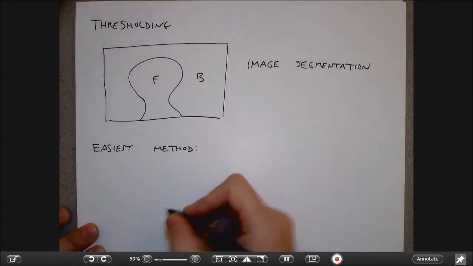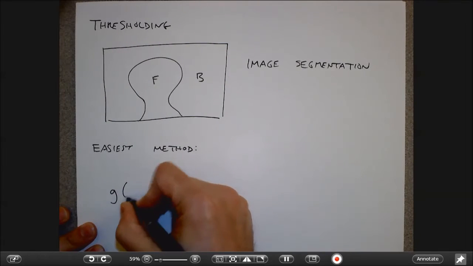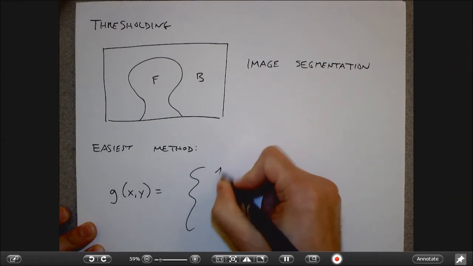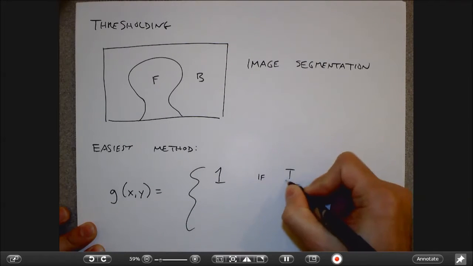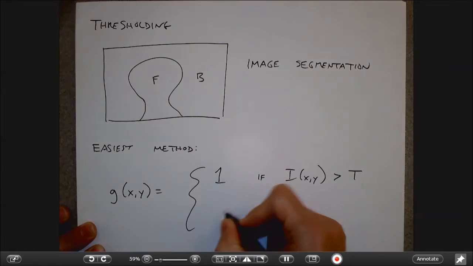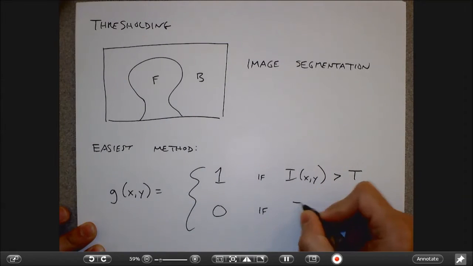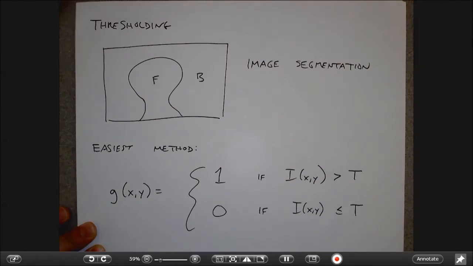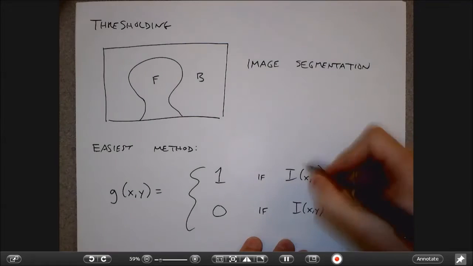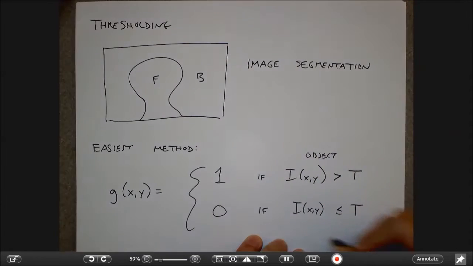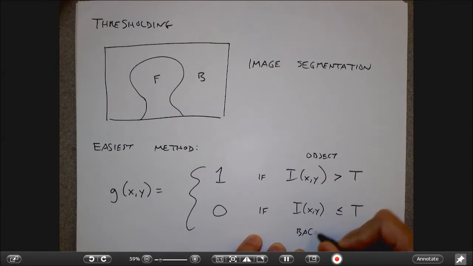And so what I could say is I'm going to make a binary map that is 1 if the image pixel intensity is greater than some value, and 0 if that pixel intensity is less than some value, right? And the idea is that in theory, this should be the object, and this should be the background.